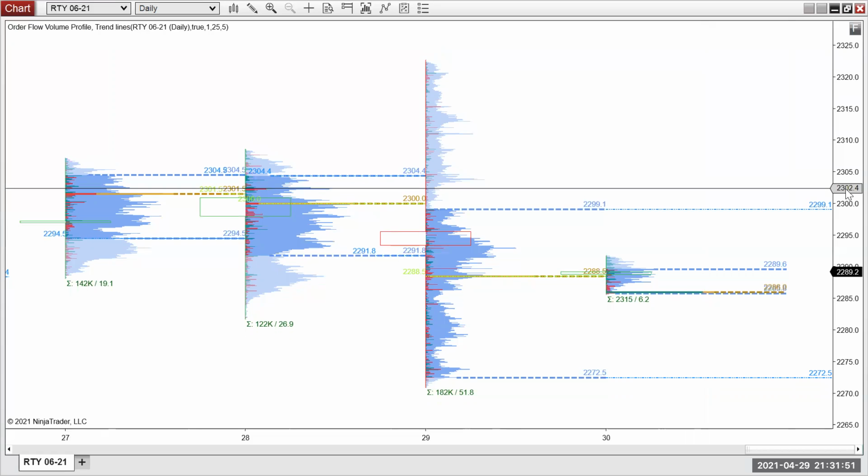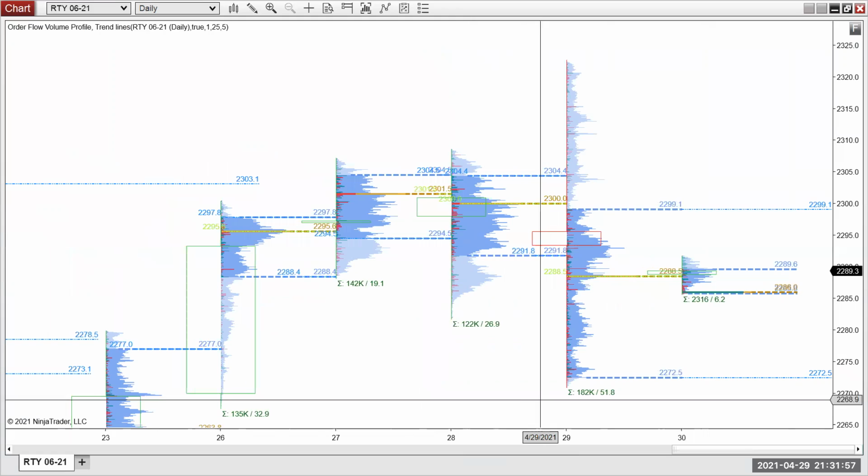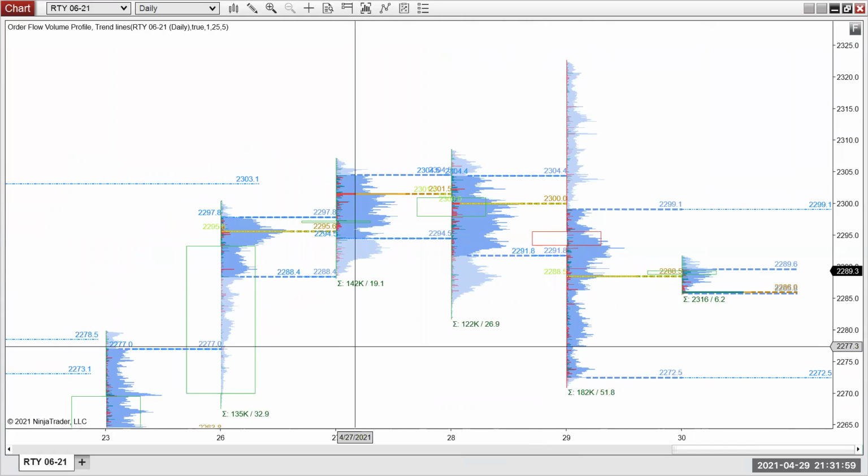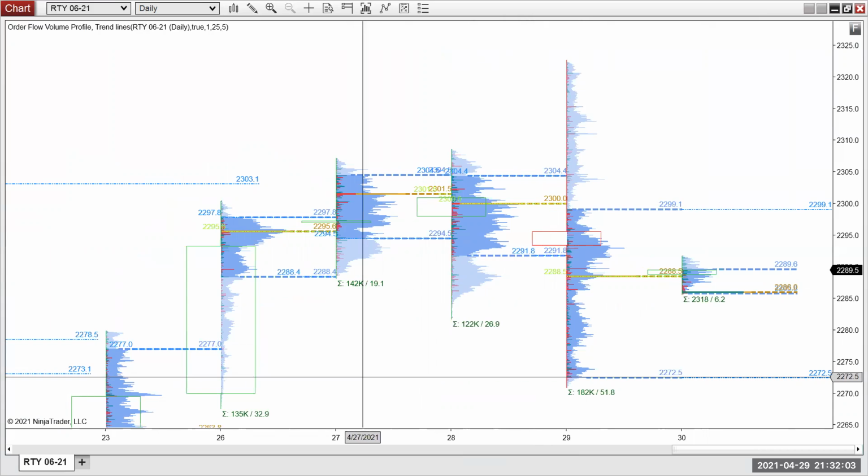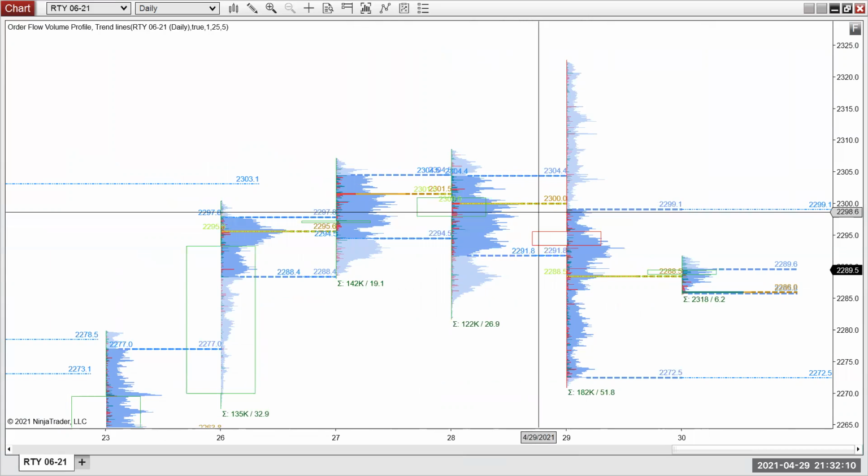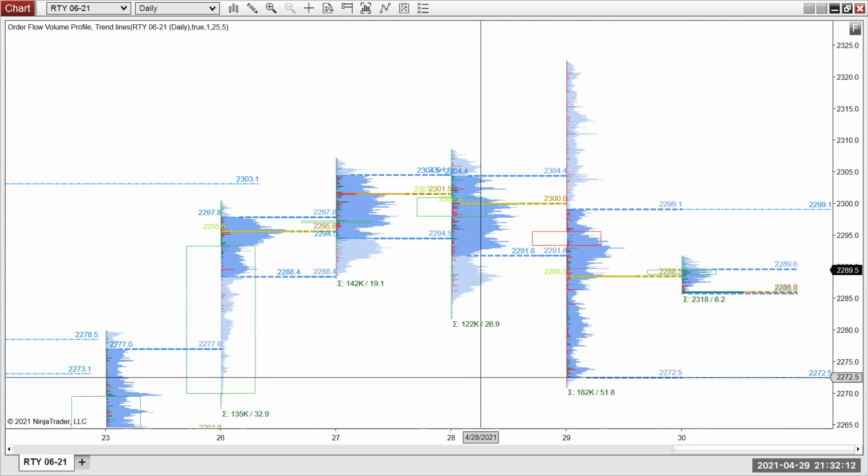Okay, so if we do get lower, then this would be expected here, the 77, 78 area, and to the 72, the lowest low. I would play this area from 22.29 to here.